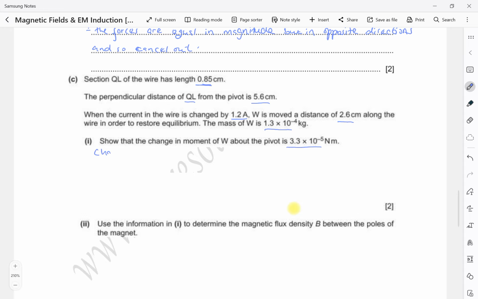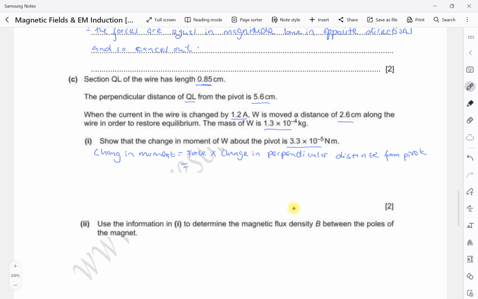So the change in moment is going to be equal to the force times the change in the perpendicular distance from the pivot, because we have to change the distance to restore equilibrium.